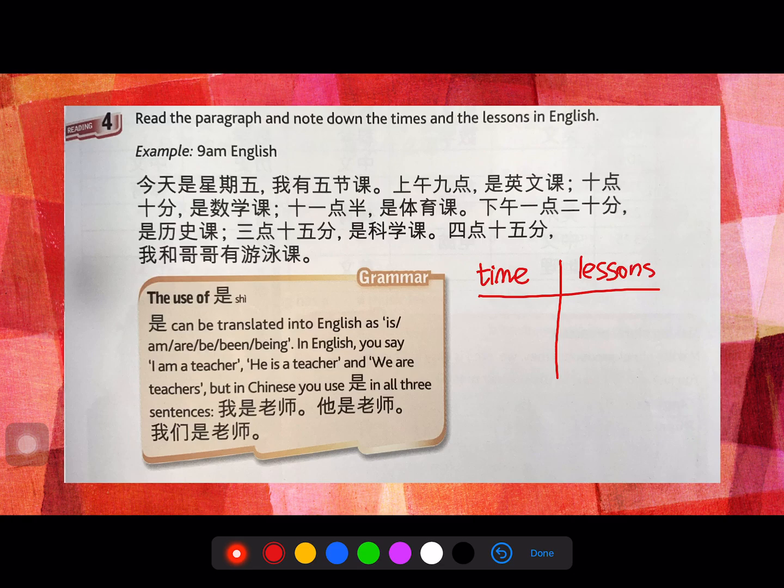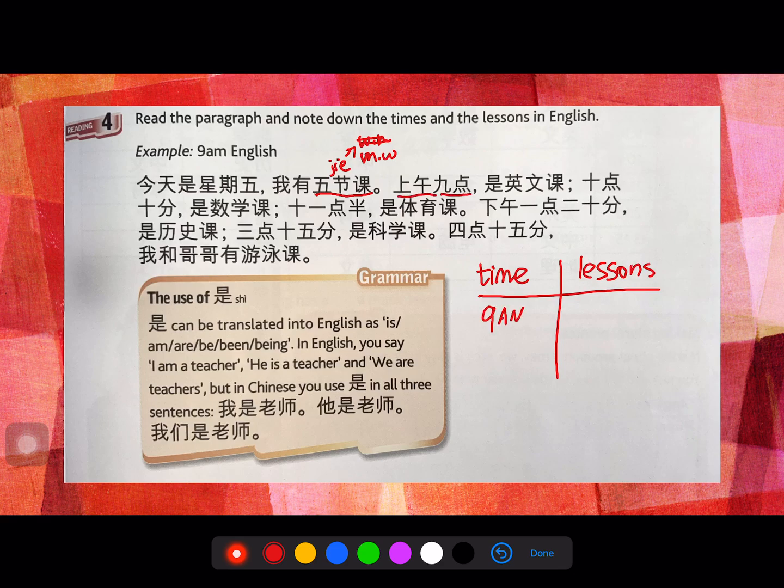So 今天是星期五 Today is Friday. 我有5节课 I have 5 lessons. 节 is the measure word for lessons. 上午9点 in the morning 9 o'clock.